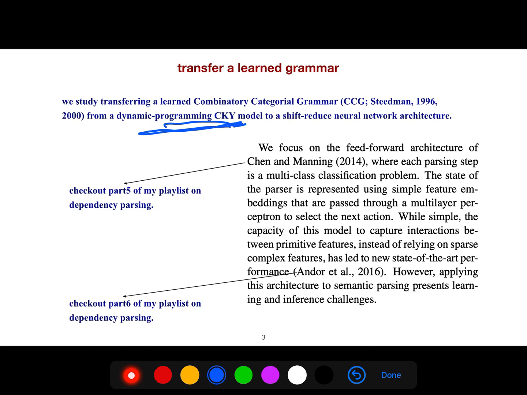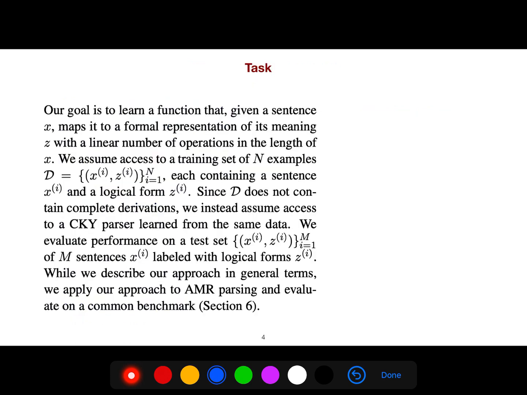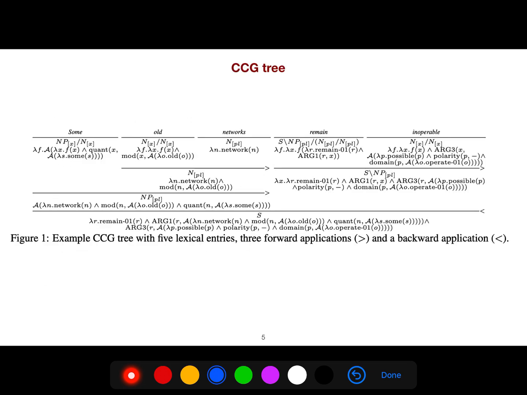That's why you want to take advantage of this noisy version of parsing and transfer it to something else, a kind of inductive bias. There are several ways to do inductive bias, but here they are using an interesting approach.